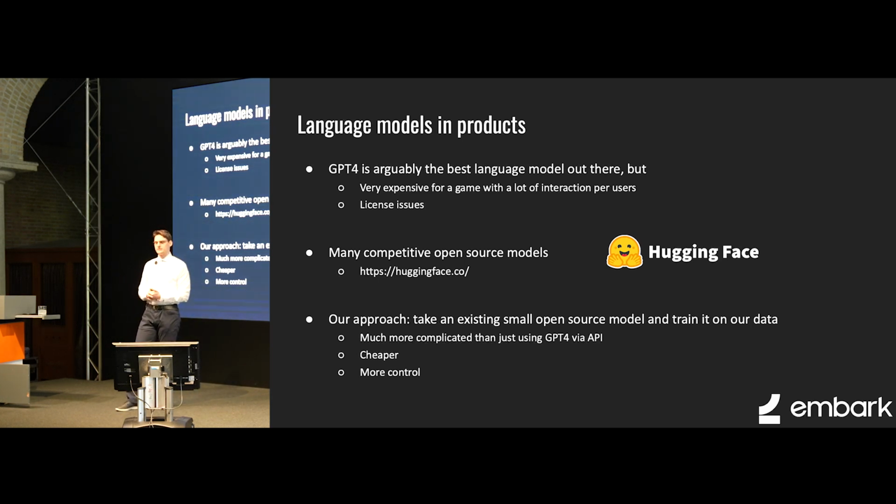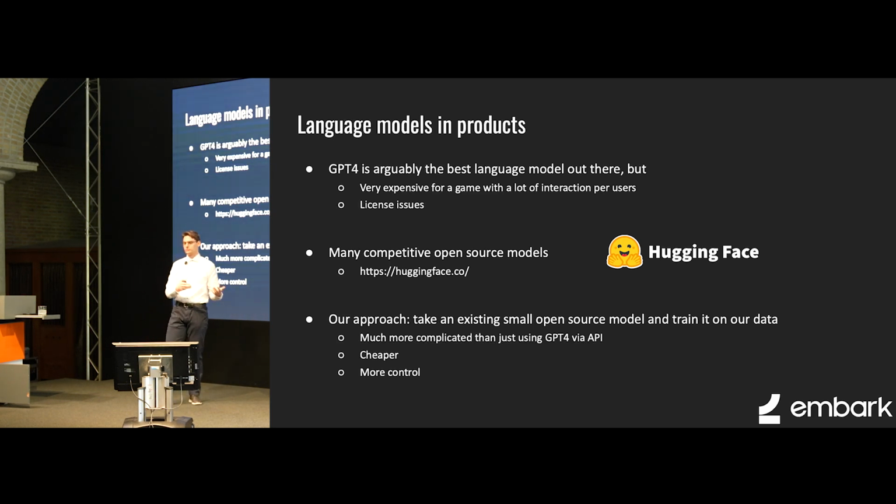But in our analysis, we found a couple of potential issues that you might encounter. These language models, as we saw, require a lot of computation. They are quite expensive to run. Let's say that every time you ask GPT-4 something, it costs 2 cents. If your average user does 200 requests per month, this user is costing 4 euros per month.